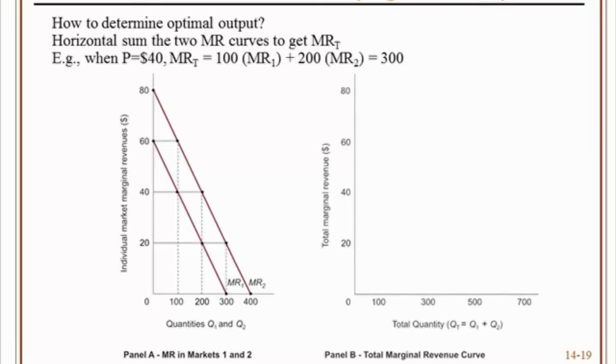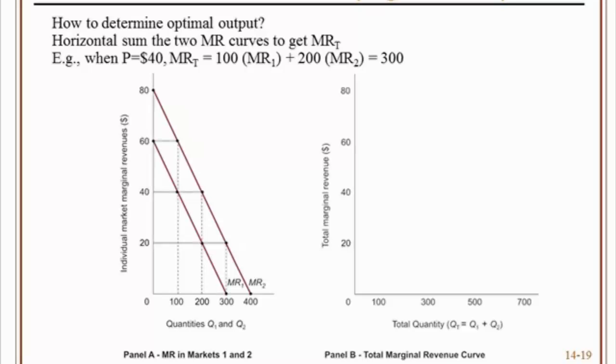Okay, so think about these two different markets, and we just put their marginal revenue curves in the same graph on the left-hand side. So I've got MR1 and MR2. When price is $40, I can see that in MR1 there are 100 units associated with that, and then in market 2, the marginal revenue at $40 is 200 units.